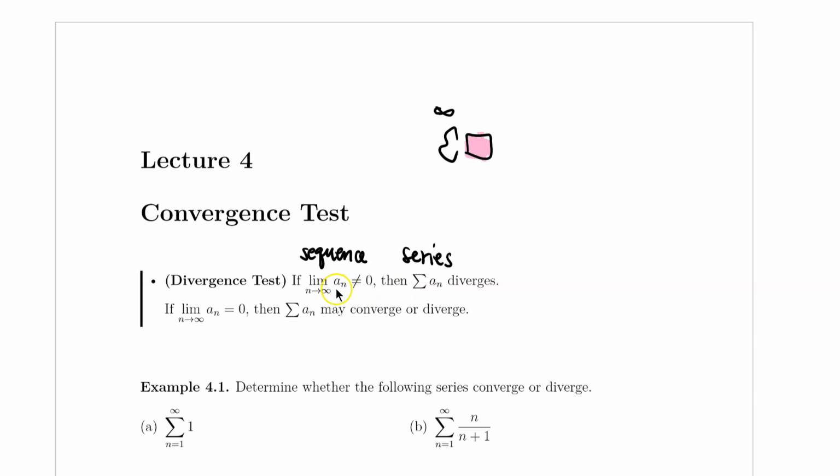Notice how this goes back one step and talks about the sequence to decide whether the series converges or diverges. However, if the limit is equal to 0, then this sum may converge or diverge.